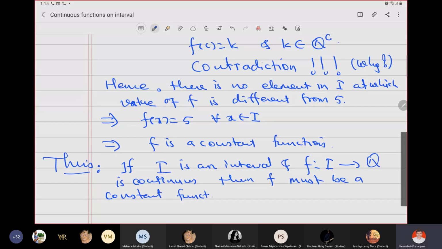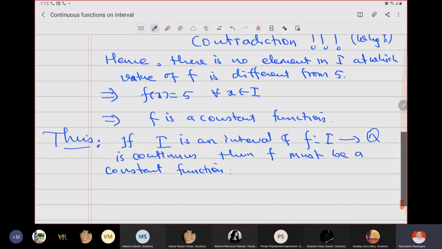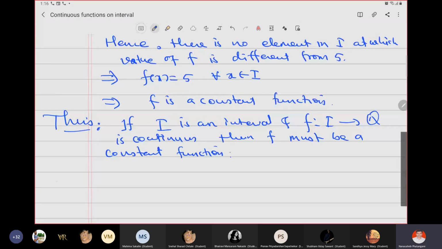Right? So if a function takes only rational values, it must be a constant function. Now, in the previous theorem, we saw that if the function is defined on a closed and bounded interval and it is continuous, then the range is also a closed and bounded interval.